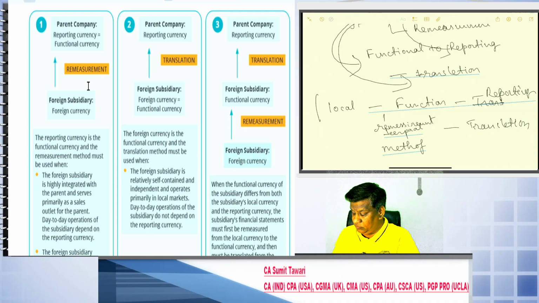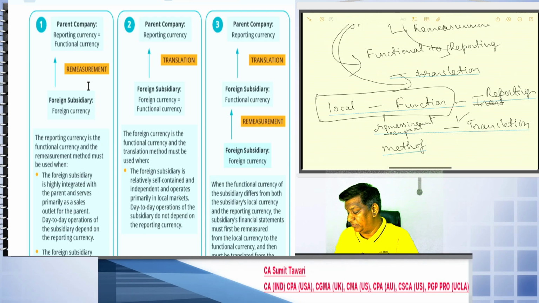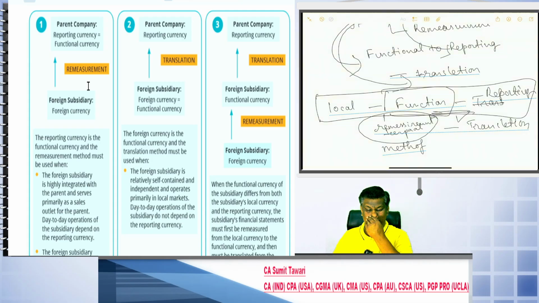If the local and functional currency are the same, then you need to do only the translation method, because this is done automatically, so there is no remeasurement. And if the functional currency and reporting currency are the same, then you need to do the remeasurement; translation is not required because this is the same. Are you okay with me?